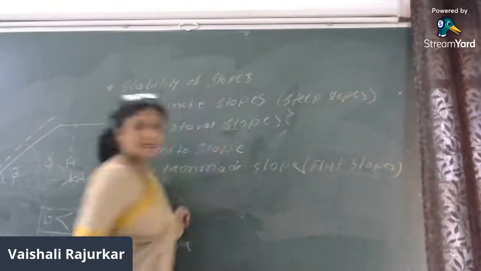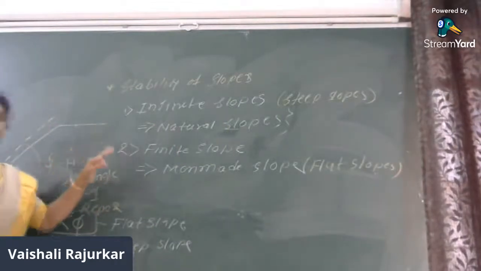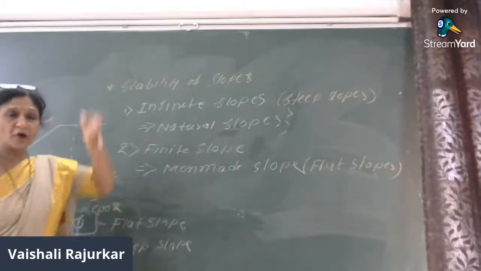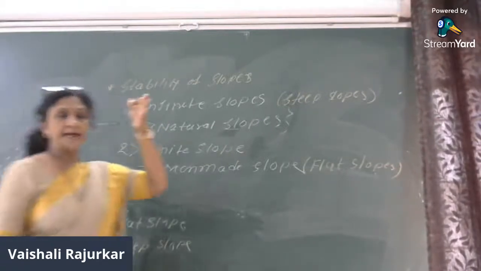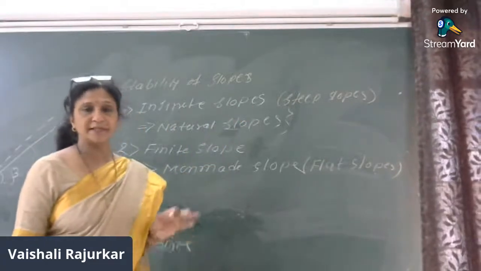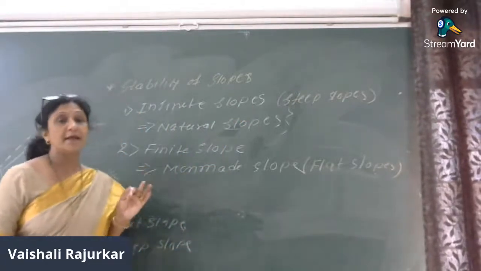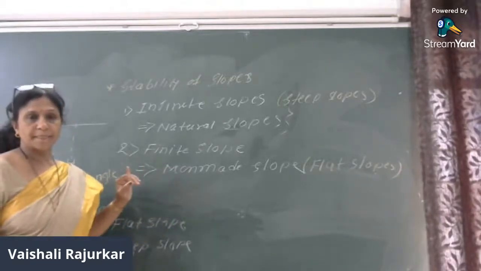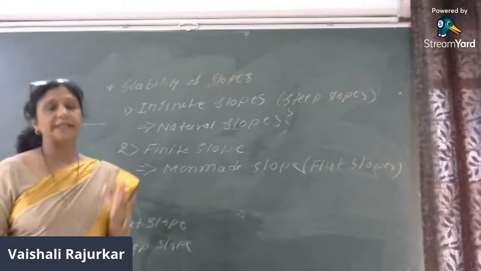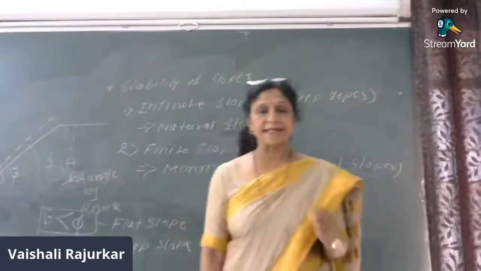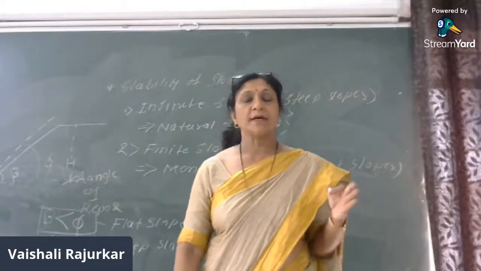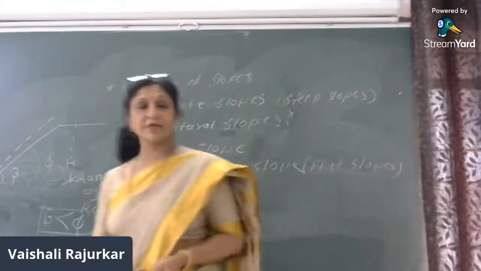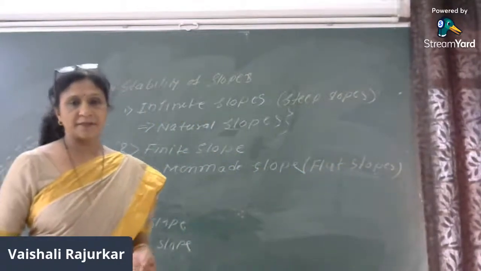Infinite slopes such as hills and mountains, where the angle of inclination beta is large, are called steep slopes, and steep slopes are less stable as compared to man-made finite slopes. Therefore, beta is an important part of slope stability. When beta is less, stability is more. When beta is more, stability is less. There is an inverse relation between beta and stability, right?